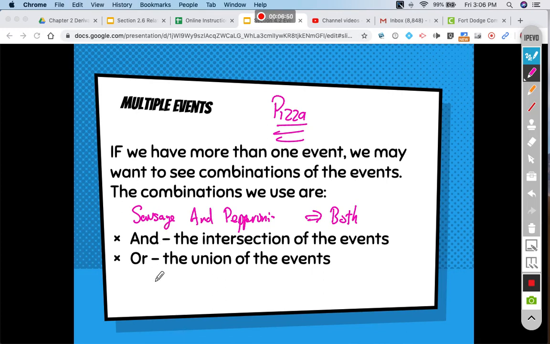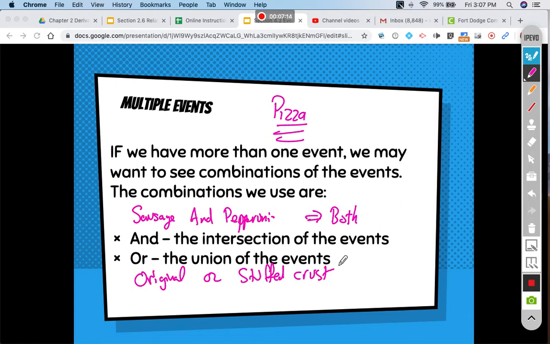But when it comes around to or, I'm okay with original crust or stuffed crust. When I get to what crust do I want on the pizza, I'm not that picky. I want one of those two. I don't want super thin.